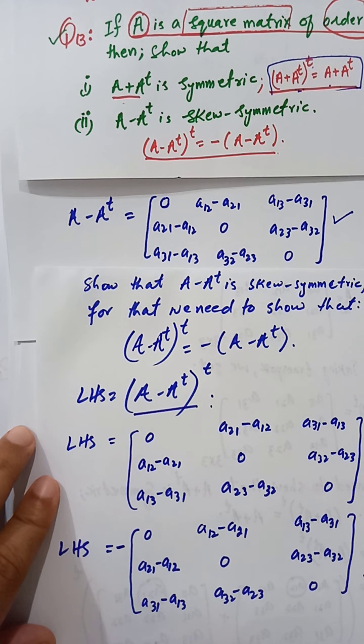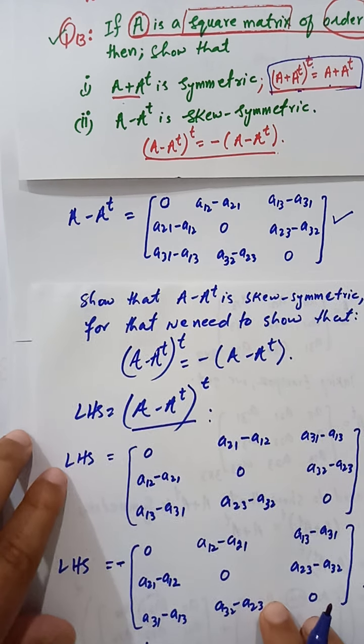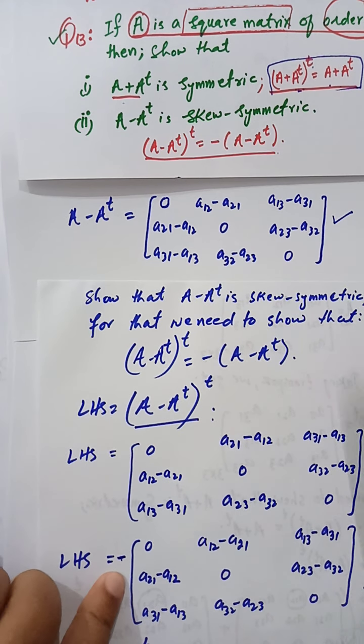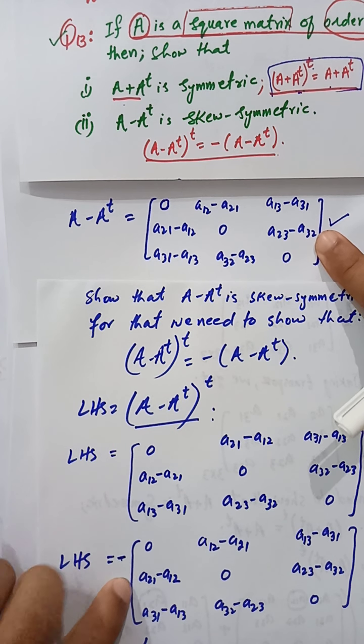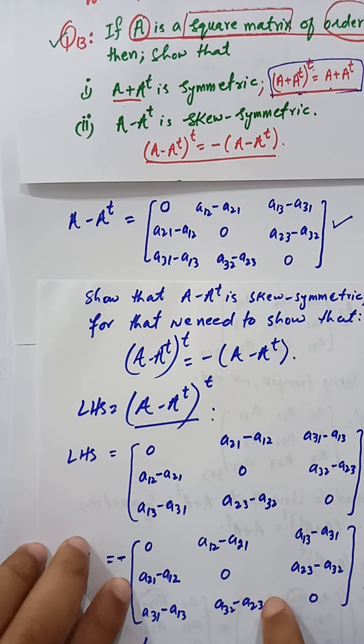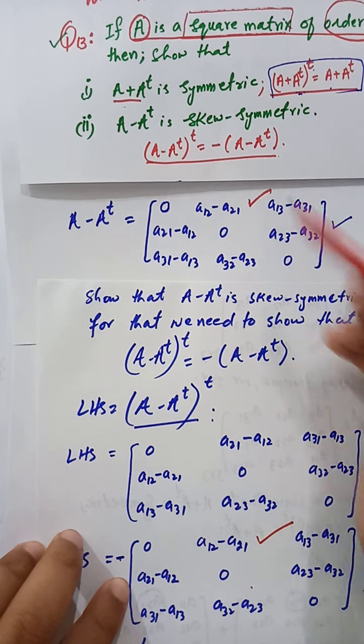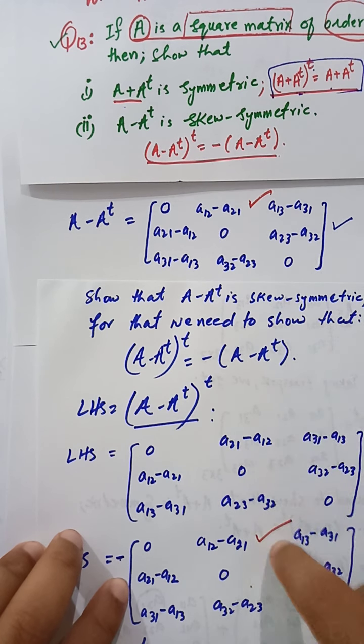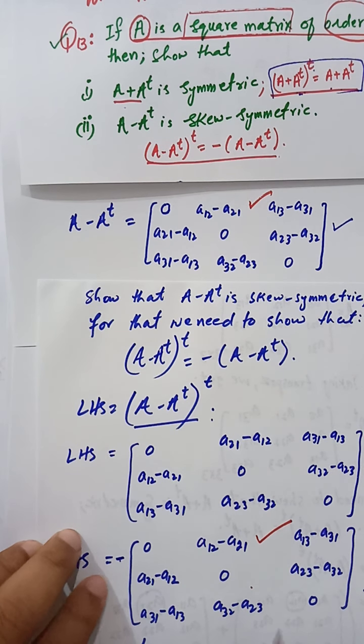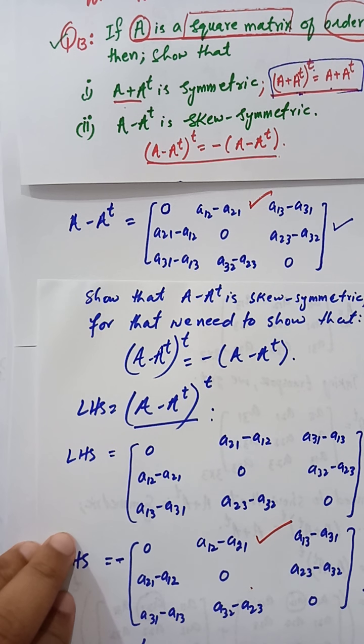So A minus A transpose whole transpose is minus this matrix, and you see this matrix is exactly the same as this matrix. You can compare, both are the same. So instead of this matrix I can write A minus A transpose.